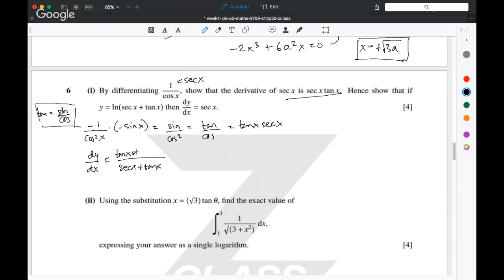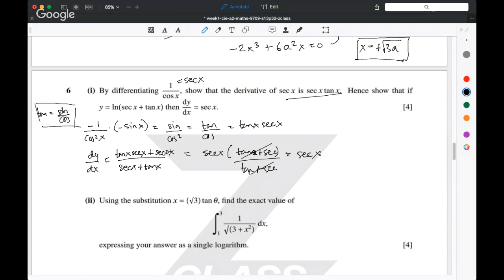That's tan x sec x. And the derivative of tan x, we can find from the formula booklet, is sec squared x. So if we take a sec out, then we get tan plus sec all over tan plus sec. We cancel. It's just equal to sec x.